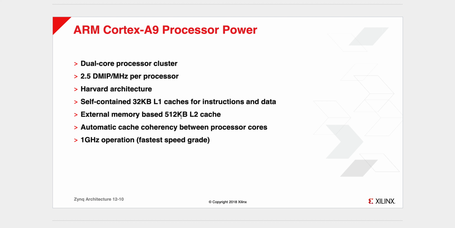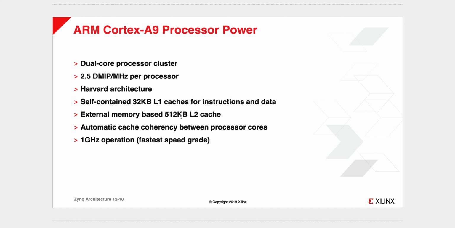The 512 is an external level 2 cache, which is shared between the cores, because we have two cores, remember, for multitasking and increasing the performance. It has a larger memory than the level 1 cache because it is shared between the dual cores.